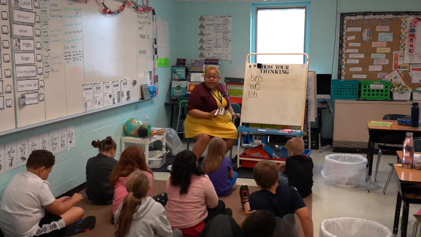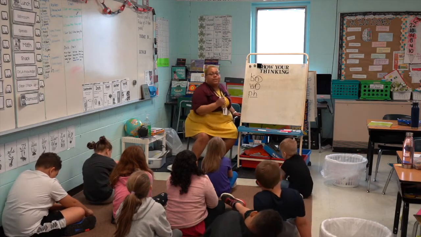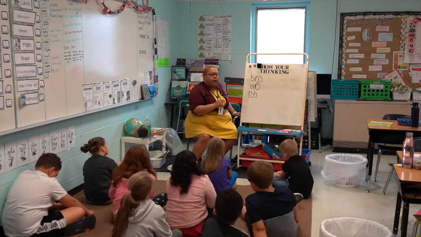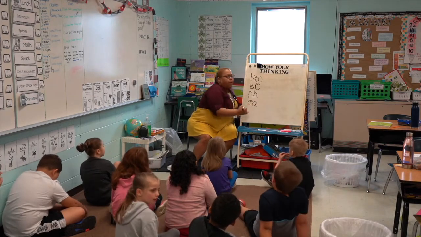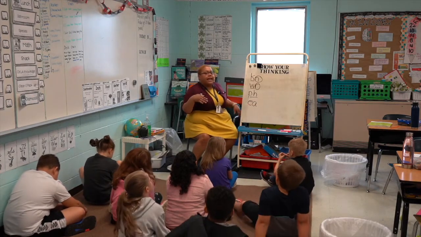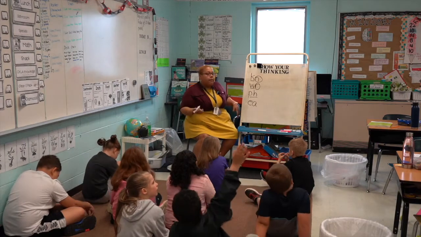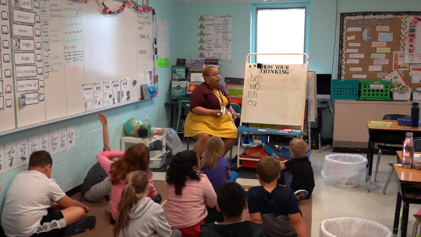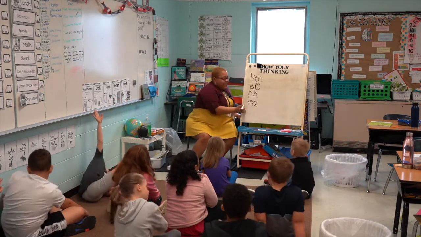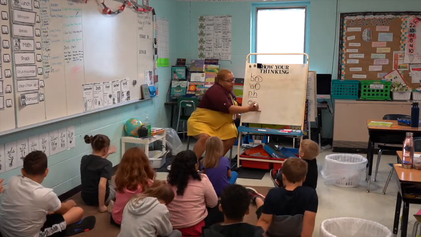And then yesterday, we talked about a new sound for a spelling that we had already learned, so it became a tricky spelling. We had EA. Now, we've learned that EA usually says E, but what did we learn yesterday? It can say eh.